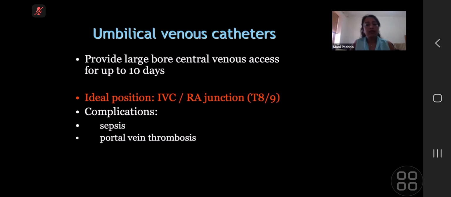Umbilical venous catheters provide large bore central venous access for about 10 days. The ideal position is at the junction of IVC and right atrium, which is at the level of T8 or T9. Complications which may be associated with the umbilical venous catheter are sepsis and portal venous thrombosis.